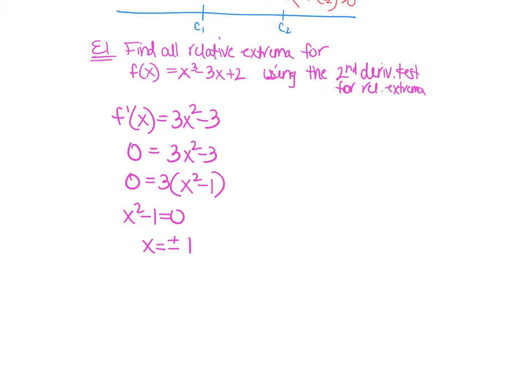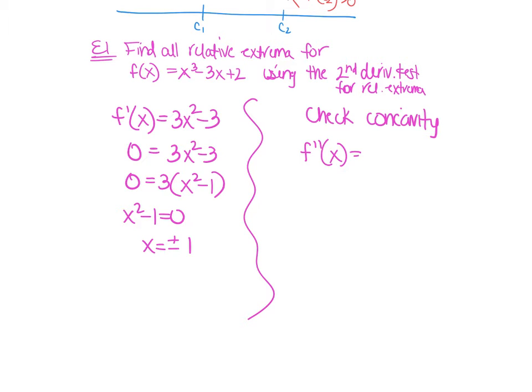Now what we want to do with those is check concavity. Finding our second derivative, which is 6x, we want to evaluate at +1 and at -1 to figure out if we have a relative max or relative min at those x values.